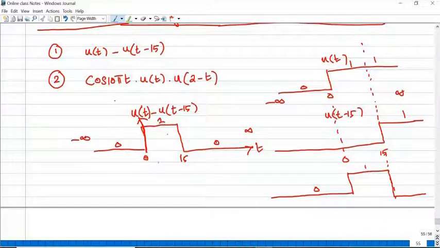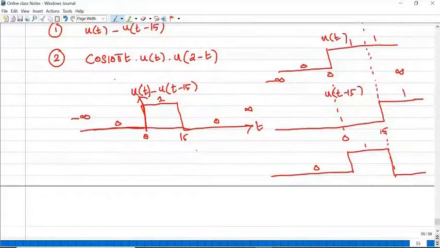Like this, we need to sketch the signal first. Time axis, so 0 to 15. Now calculate the energy. So this is problem number 1.